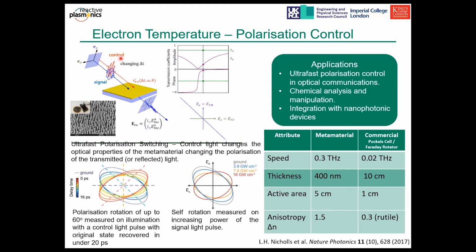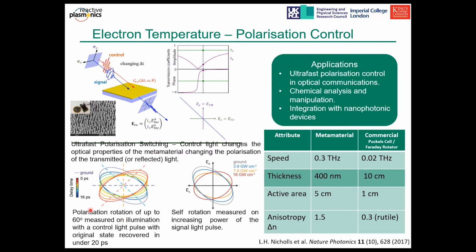If we use a second control light pulse, we can change this electron temperature and change the optical properties such that this anisotropy changes in strength, and thus a signal light pulse switches its polarization state when we have the control there or we don't have the control there.